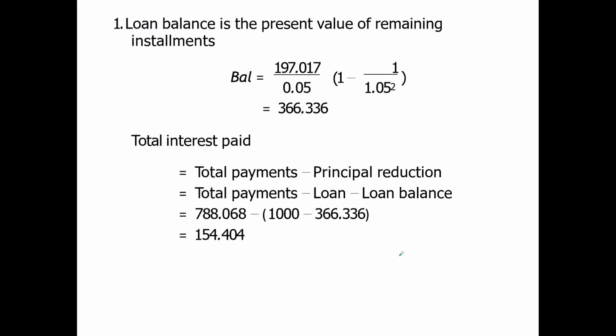So it means that we want to know the value of the two payments left. We have to find their present value as at the end of the 4th payment.